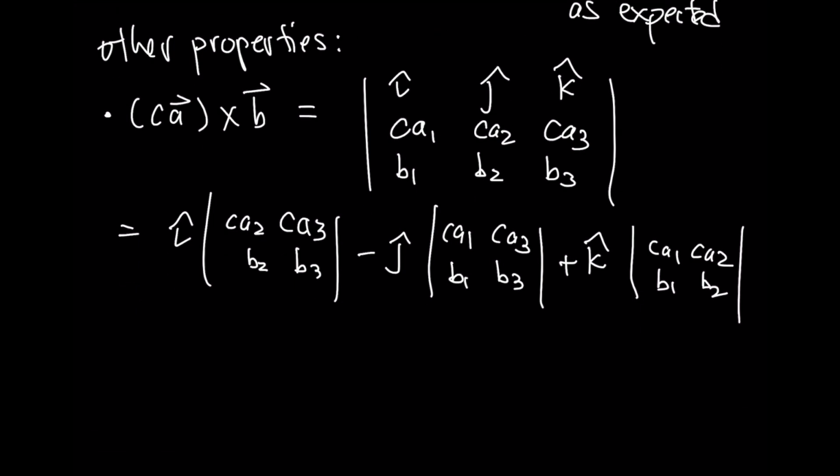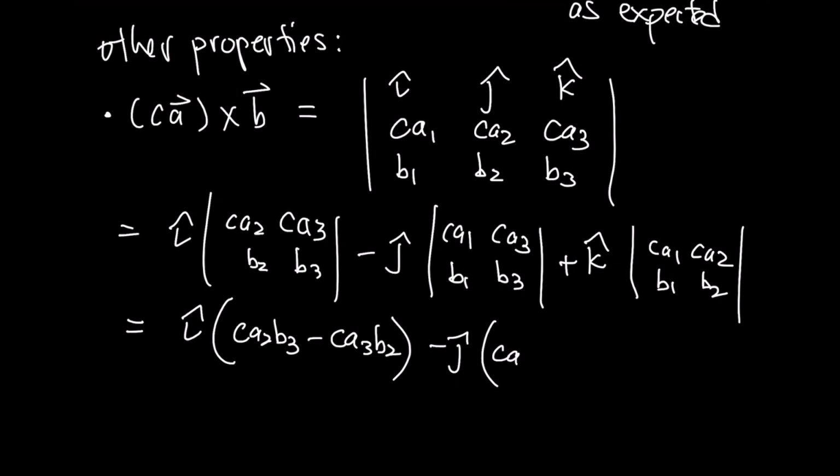This is now going to lead to the following. Every single term in each of these 2 by 2 determinants is going to have the constant in there.